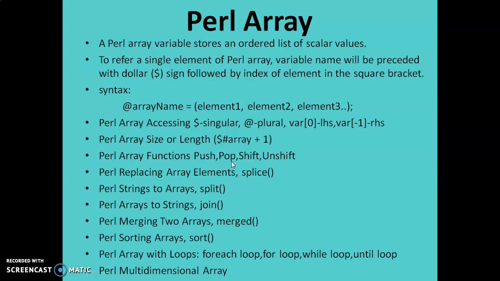In real life when we use a stack, you know the stack has a last in first out function, and in a similar way you can use these array push and pop functions. The push function will append a new element at the end of the array, whereas pop will remove the last element from an array. So push is the addition function and pop is the deletion function.